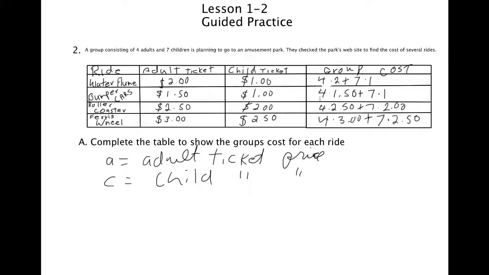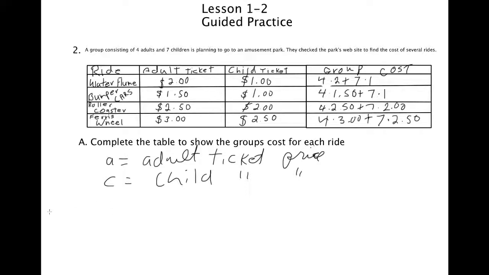The constant in here is, this is the 4, that's the number of adults. Here we have the 7, that's the number of children in the group. Now we want to know if we have some unknown price for adult and child, what's that going to be?